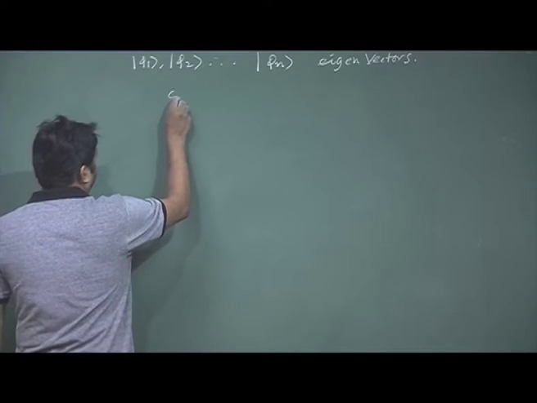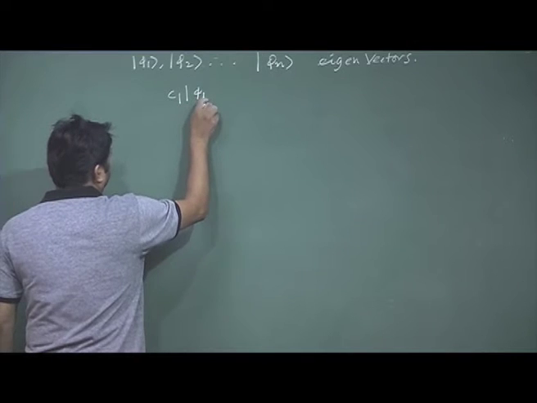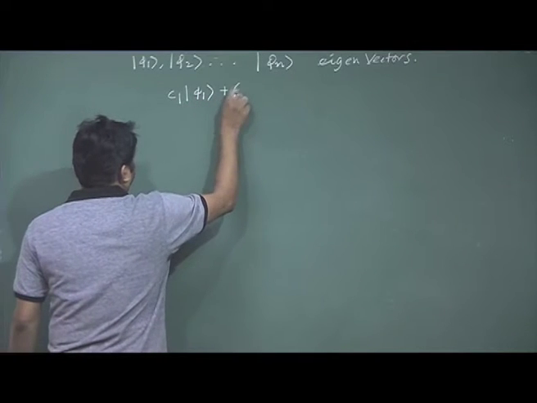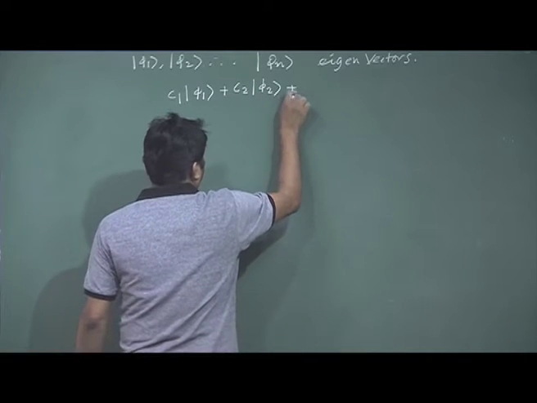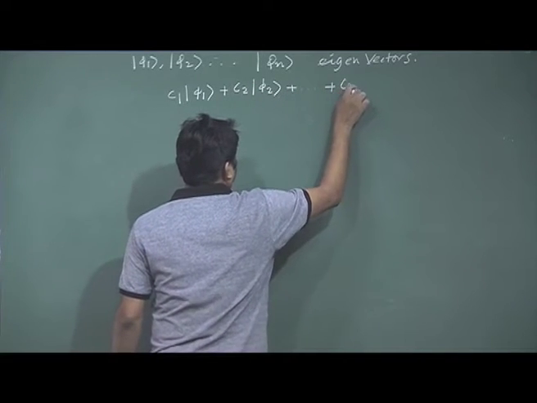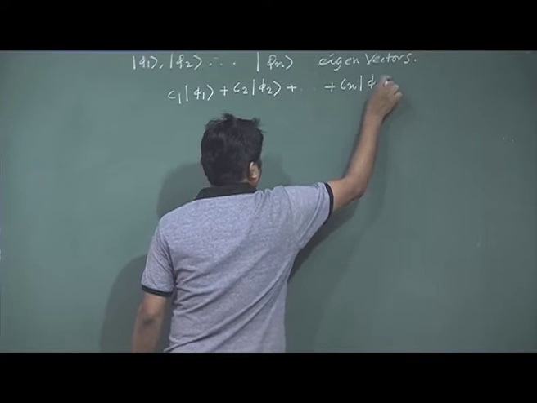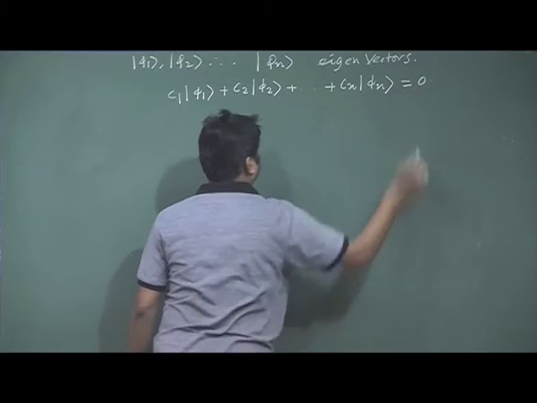That means C1 phi 1 plus C2 phi 2 plus ... plus Cn phi n is equal to 0.